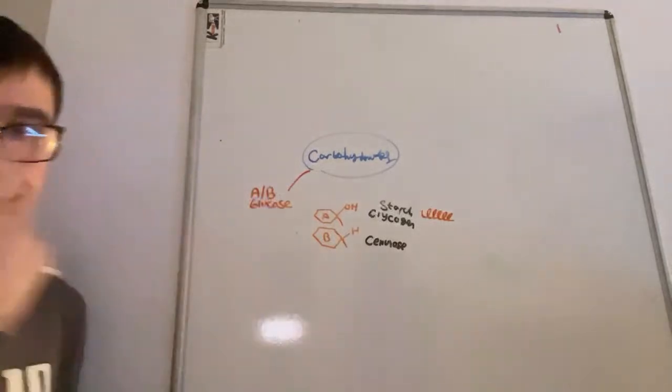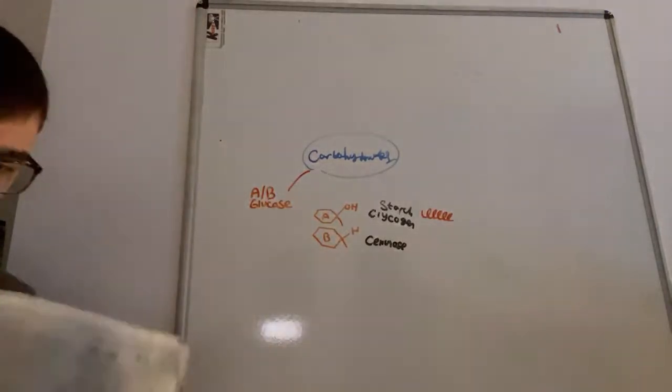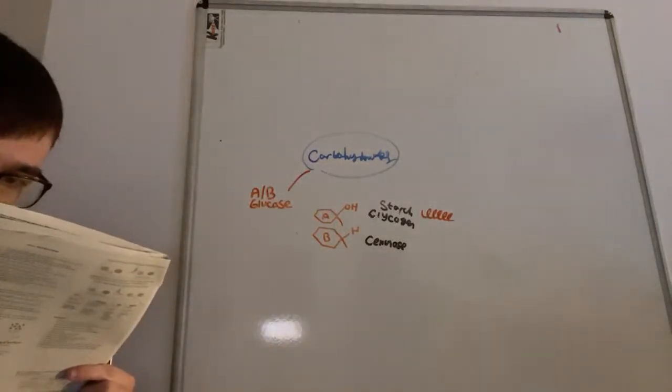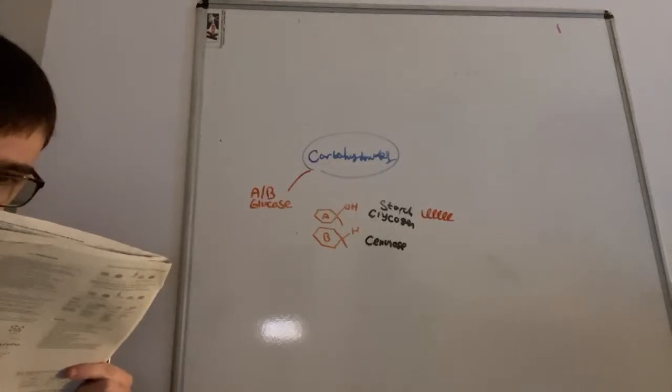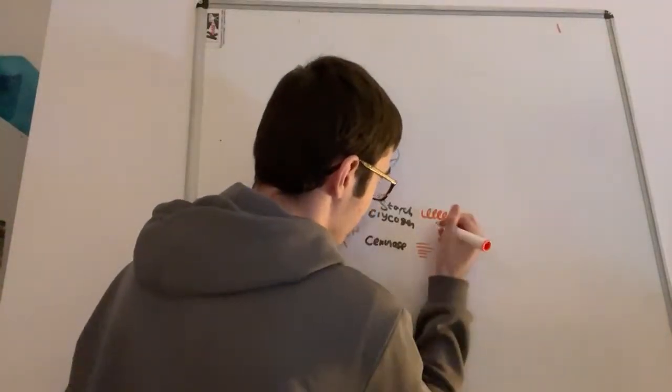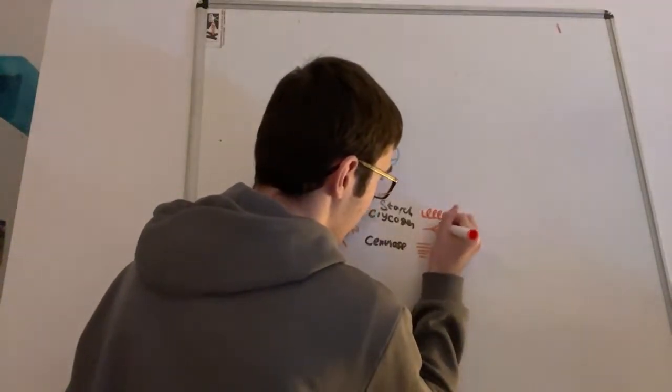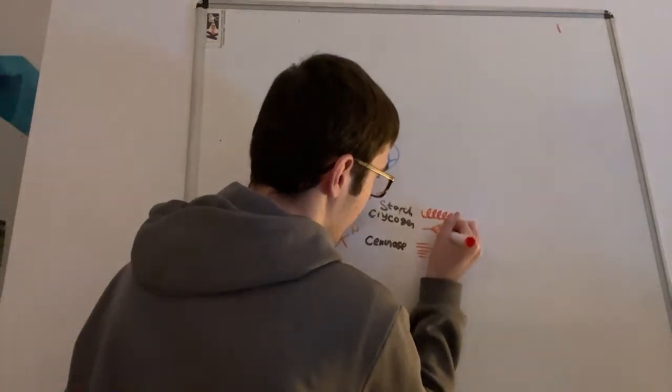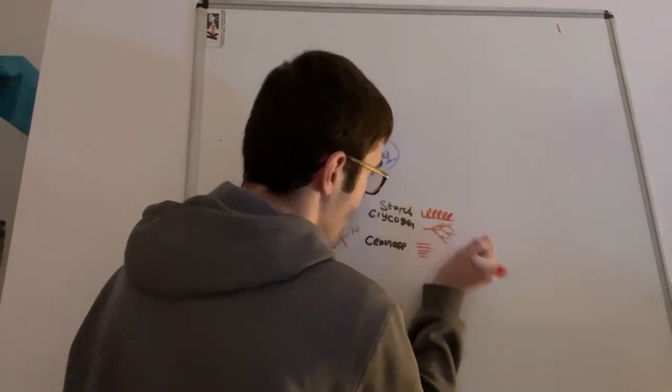I remember that, but I don't remember which one it is. I think it's starch. Cellulose is just literally straight, and then I know glycogen. Yeah, I just checked the diagram. It's more like branches.